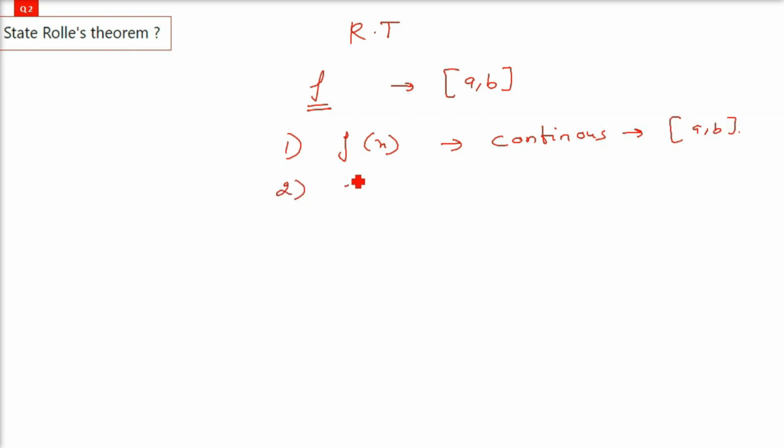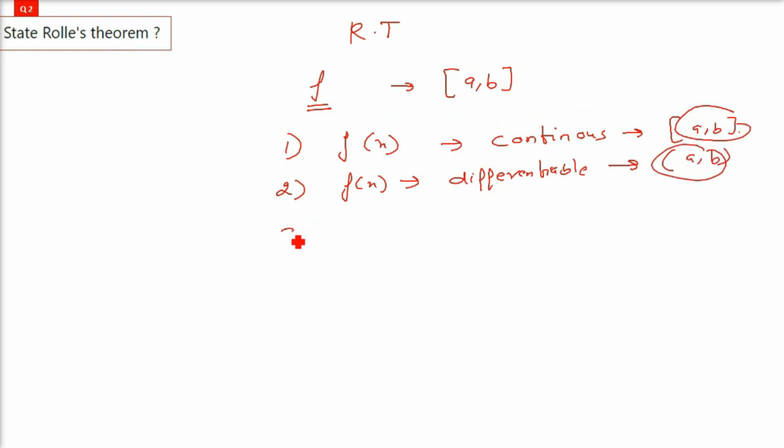The second thing is differentiability. The function has to be differentiable. Differentiable means you don't have a sharp turn in that function if you draw a curve. The first one is closed interval, the second one is in the open interval. The third thing, where f(a) is equal to f(b), this is the third condition required for Rolle's theorem.